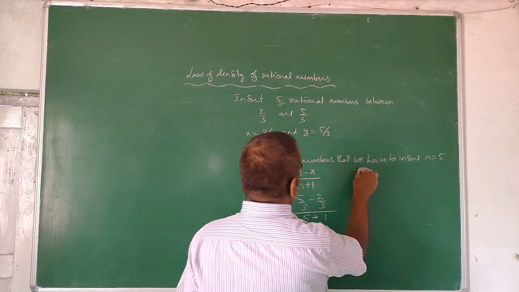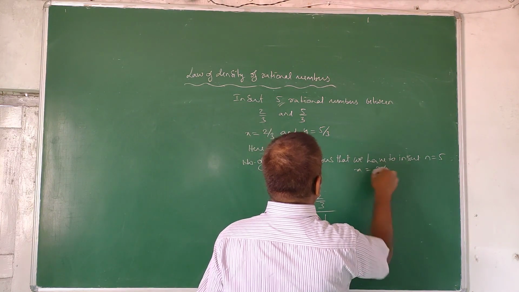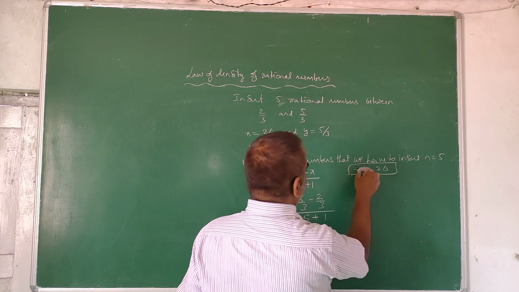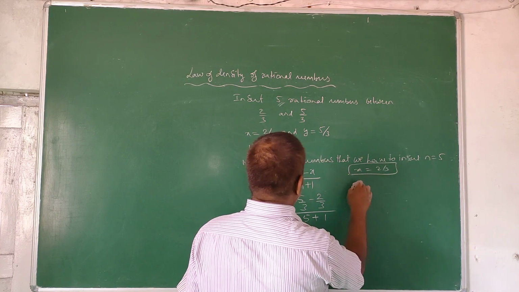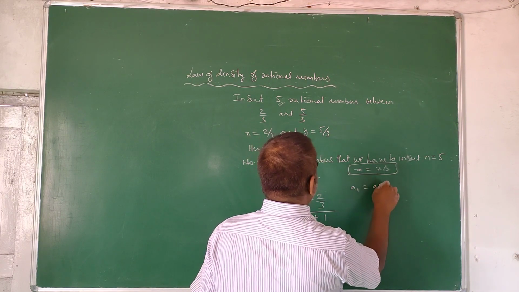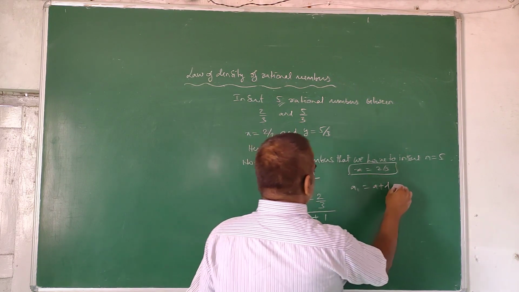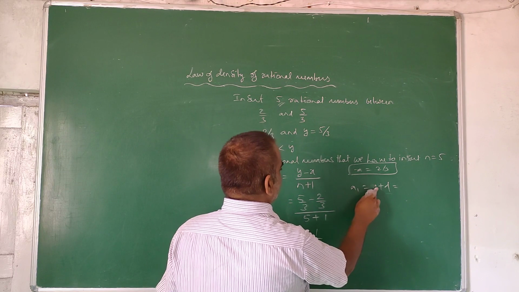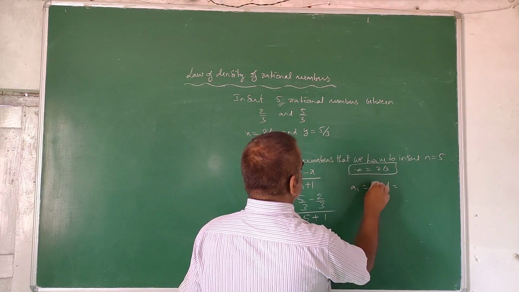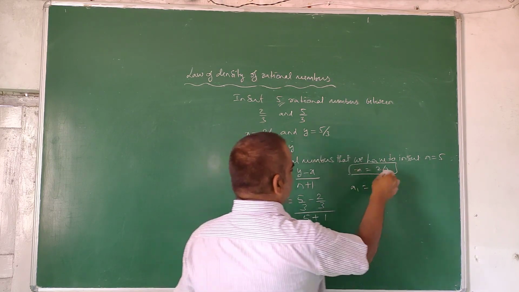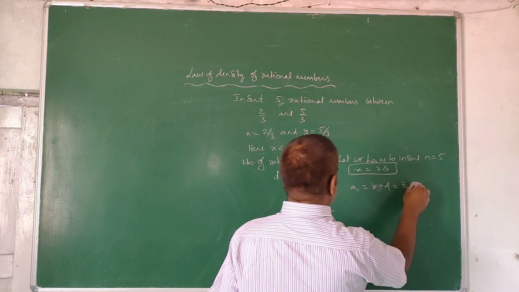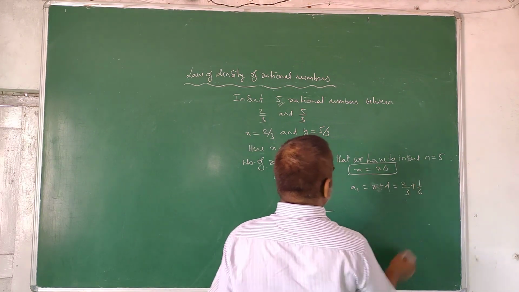Now x is 2/3, right? So please take this here. Now after x, the first rational number a1, as I suggested, it is x plus d. Are you following? x plus d. So x is 2/3 plus d is 1/6.